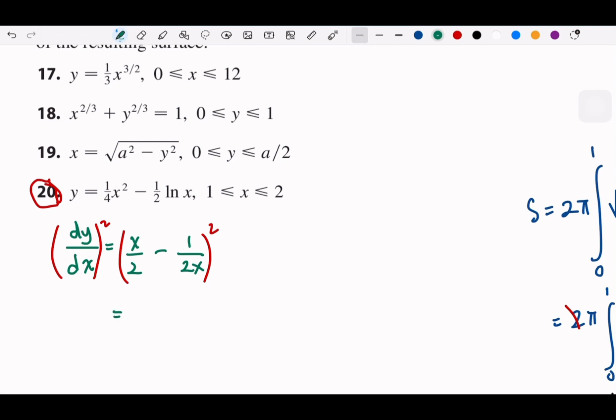Maybe expand a little bit. So this will be that. Minus, we multiply both sides. So 1 over 4, and then multiplied by 2, it's half, right? It's half. And then plus 1 over 4x squared.